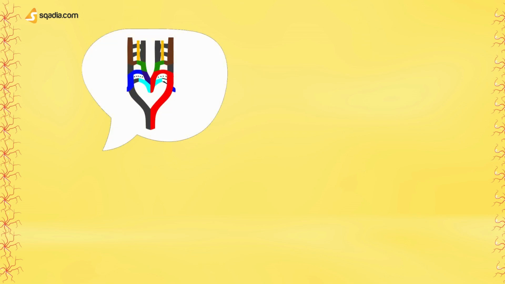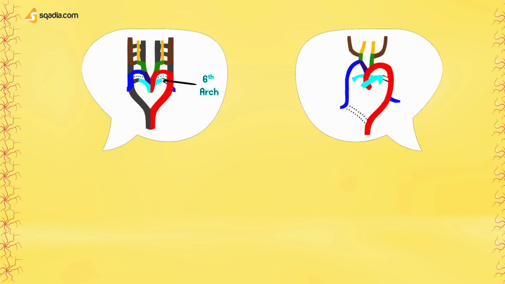Moving to the next mnemonic, for the 6th aortic arch. We know that aortic arch 6 of the right side gives the right pulmonary artery. Aortic arch 6 of the left side gives the left pulmonary artery and the ductus arteriosus.